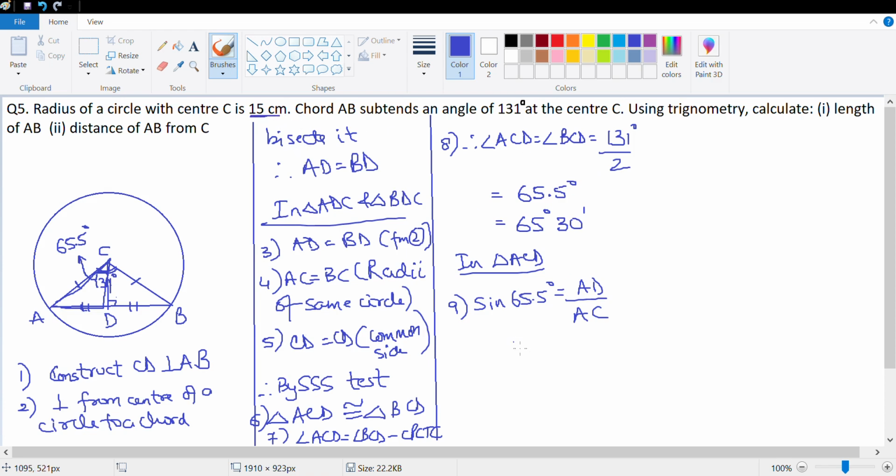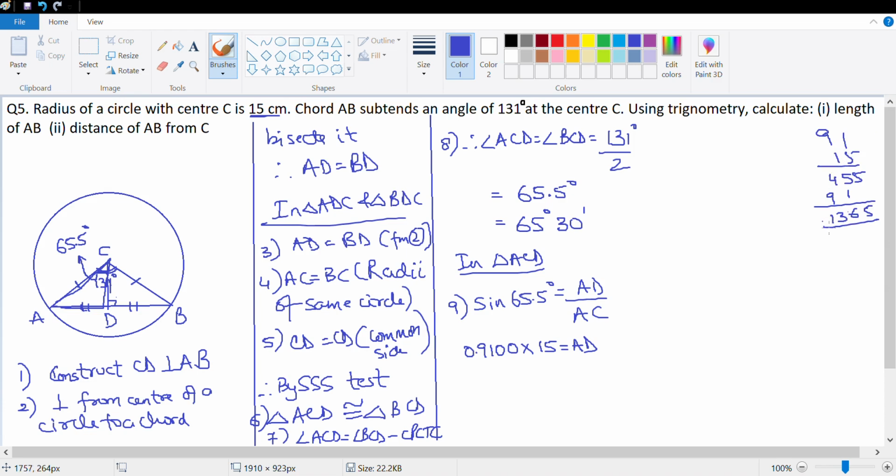Perfect. And sine 65.5, that's 0.9100 multiplied by AC, which is 15, should give me the length of AD. Let's do this multiplication. So 91 into 15, that's 5, 5 9s are 45, 1 9, 5 6 13. That's how many decimals? 2 decimal.